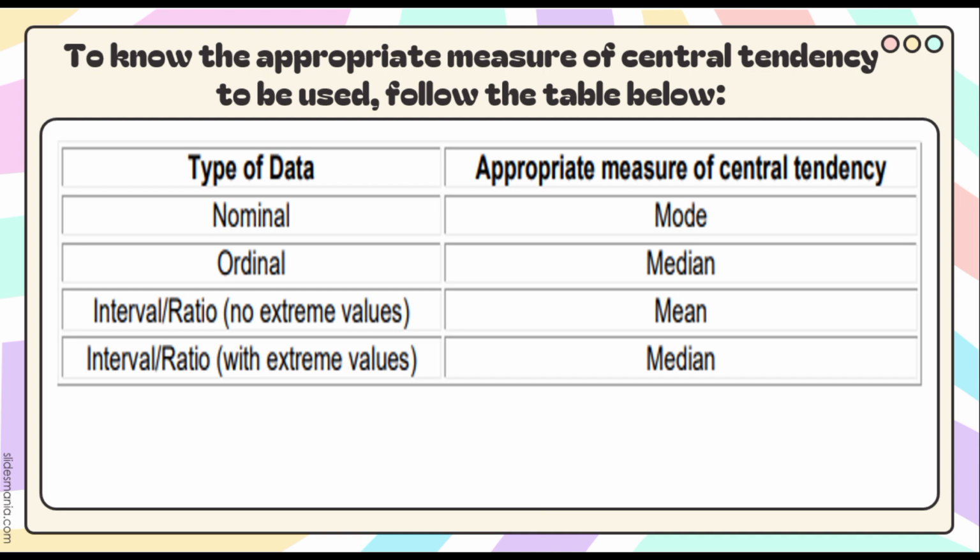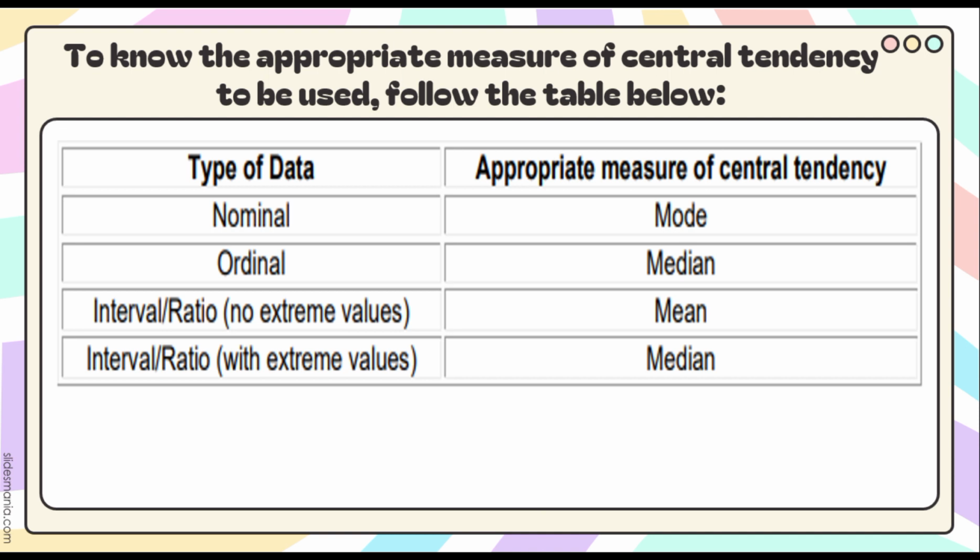While if our type of data is ordinal, the appropriate measure of central tendency to be used is the median. If the type of data is interval or ratio but with no extreme values, the appropriate measure of central tendency to be used is the mean.